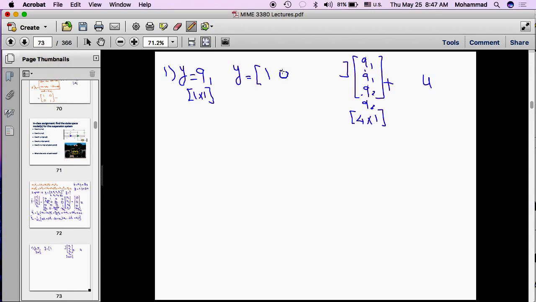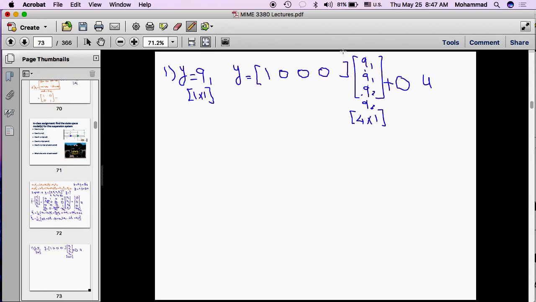The next one gets multiplied by Q2, and the last one gets multiplied by Q2 dot, and they all get added together. So our matrix C for this choice of output is 1, 0, 0, 0. And obviously D is also 0, because in the equation Y equals Q1, there is no U. You can't see any U, so therefore matrix D is 0.